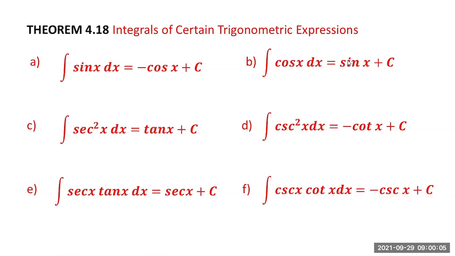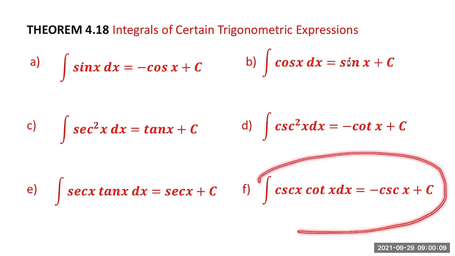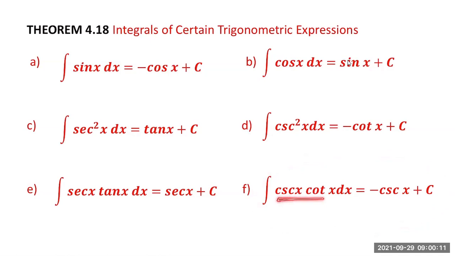I will briefly show you how to prove one formula. For example, how do you prove that the indefinite integral of cosecant x cotangent x is equal to this particular function? All you need to do is show that this is an antiderivative of the original function. That means you differentiate this function and show that you get the original function. If you differentiate minus cosecant x, what would you get?